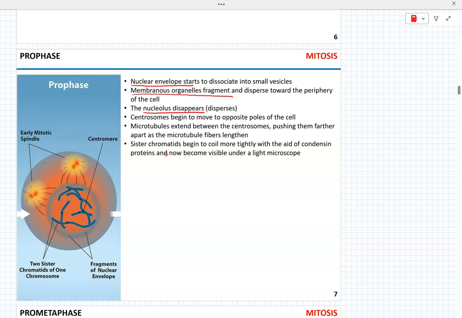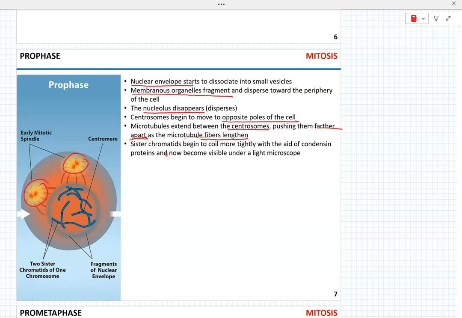Centrosomes begin to move to the opposite poles of the cell, extending microtubules from one centrosome to another, pushing centrosomes farther apart as microtubules increase in length, which makes the cell a little longer.